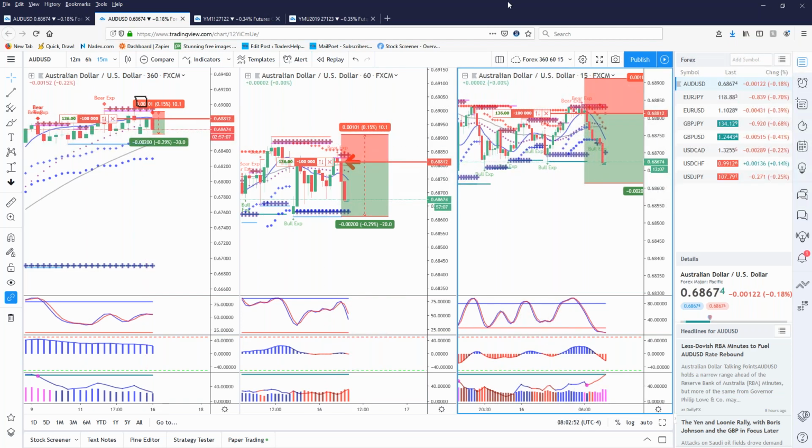Now, the next piece is how much is my risk going to be versus how much my reward's going to be, okay? This is where I'm using the drawing tool in TradingView to show you. In this case, you're risking 10 ticks to make a potential of 20 ticks. Now, how did I come up with 20 ticks?